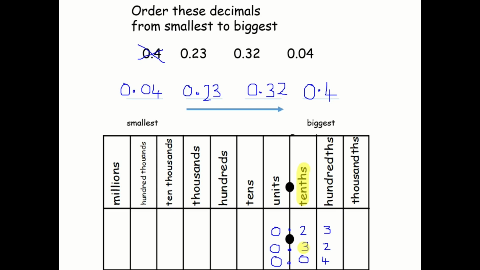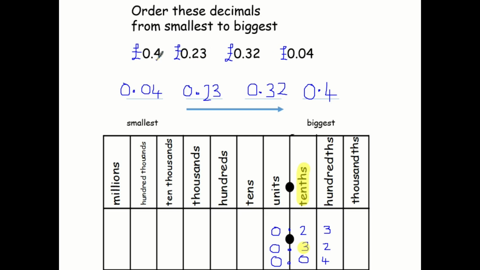Another way that you can look at this is to actually put a pound sign at the front of them. You can easily do this. So that is 0.4. We'll come back to that in a second. This one you can think about as being 23 pence. This one you can think about as being 32 pence. And this one you can think about as being 4 pence.